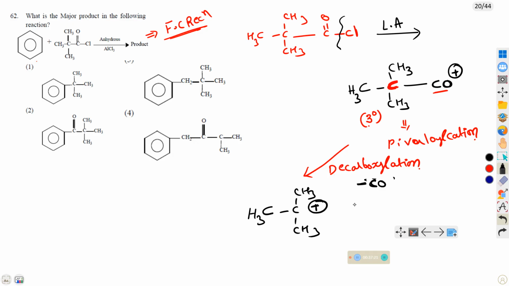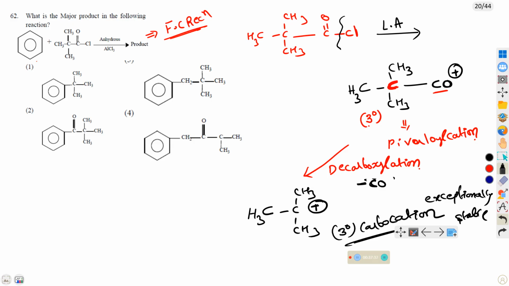Why does decarbonylation take place? The 3-degree carbocation is exceptionally stable.